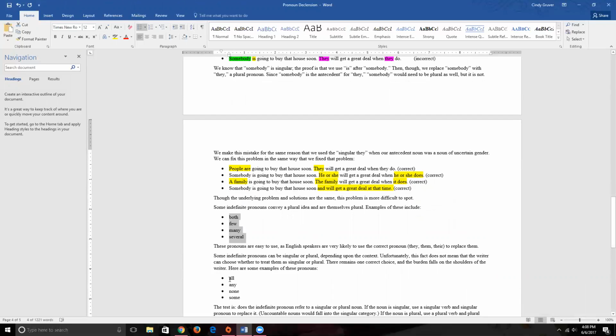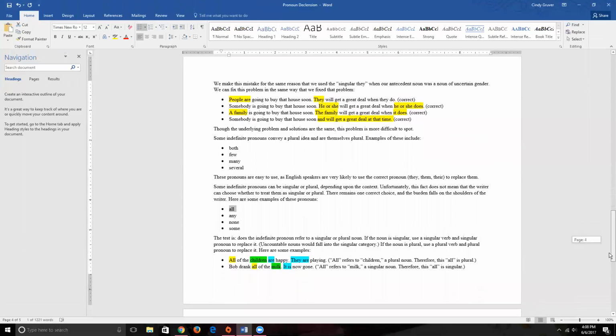But these we can't Google because it depends upon the context, whether it's all is or all are, whether it's any is or any are. So how do we know? Well, let's go through some examples. All of the children are happy. All refers to children. So in this, and obviously children is plural, there's more than one child.